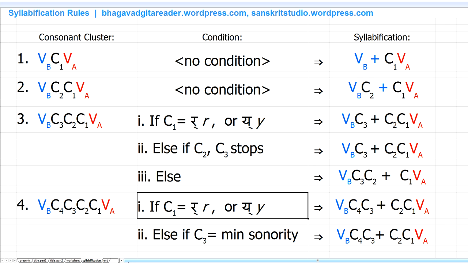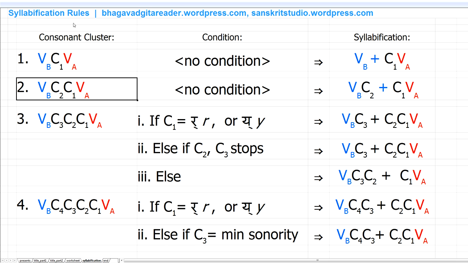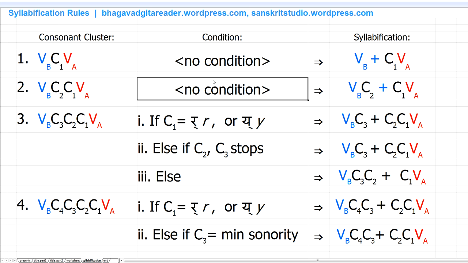Well, we'll use the syllabification rules that we've developed in another video. In terms of a consonant cluster which has two consonants in between the two vowels, there's no particular condition. It's always the case that consonant 1 will group together with the vowel to the left, and that C2 will group together with the vowel to the right.